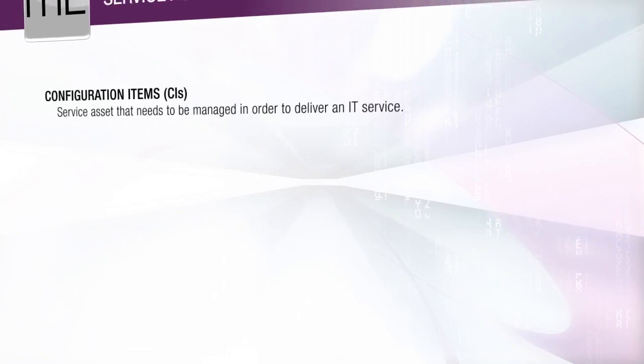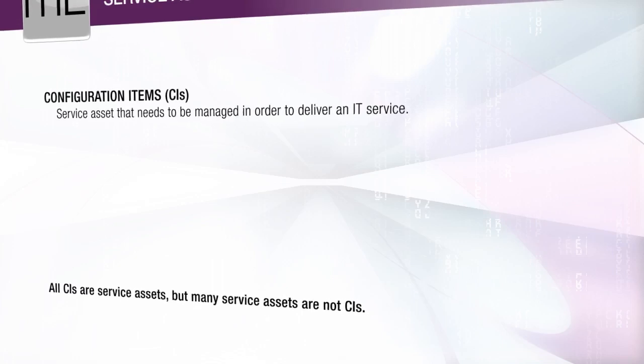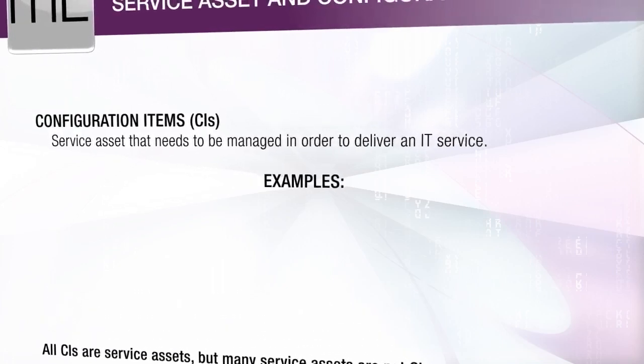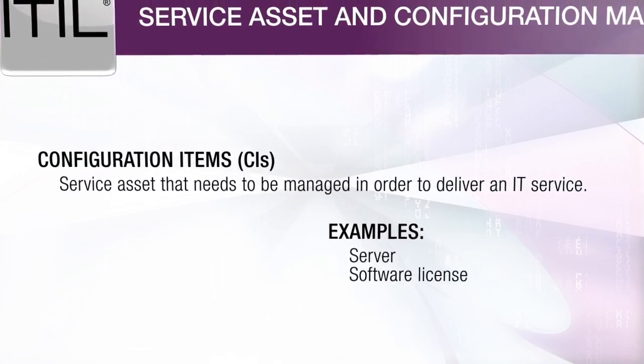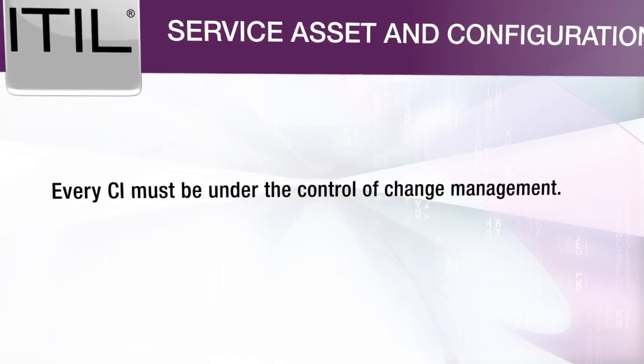A configuration item or CI is a service asset that needs to be managed in order to deliver an IT service. All CIs are service assets, but many service assets are not configuration items. Examples of configuration items are a server or a software license. Every CI must be under the control of change management.